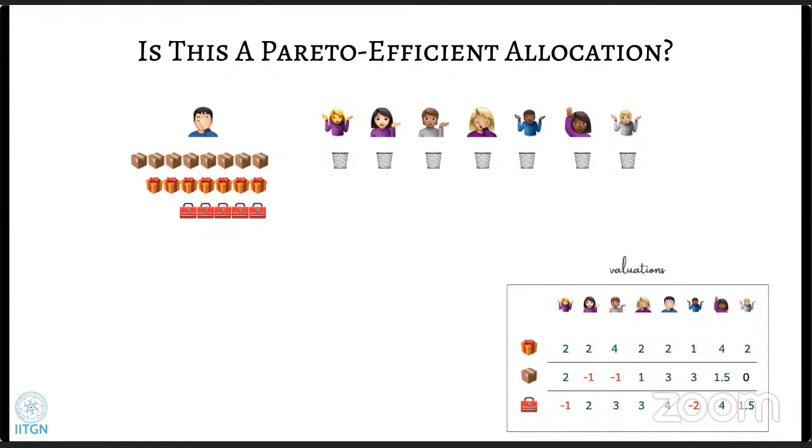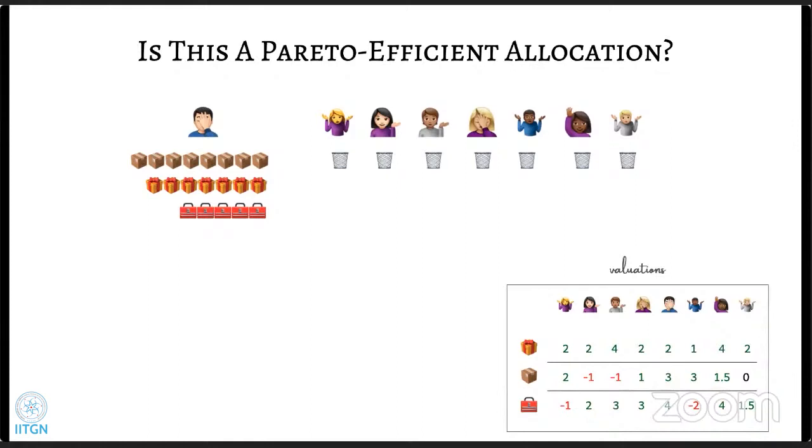So for moving to a different feasible allocation, you have to take something away from this chap, and he's not going to be happy about that. So even if everyone else is in the same state as before or strictly happier, you're definitely going to make this person strictly less happy. So it's not possible to Pareto dominate this allocation, right?